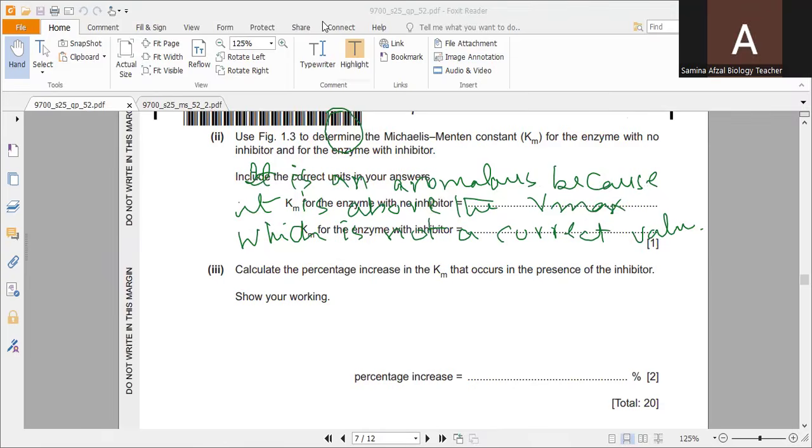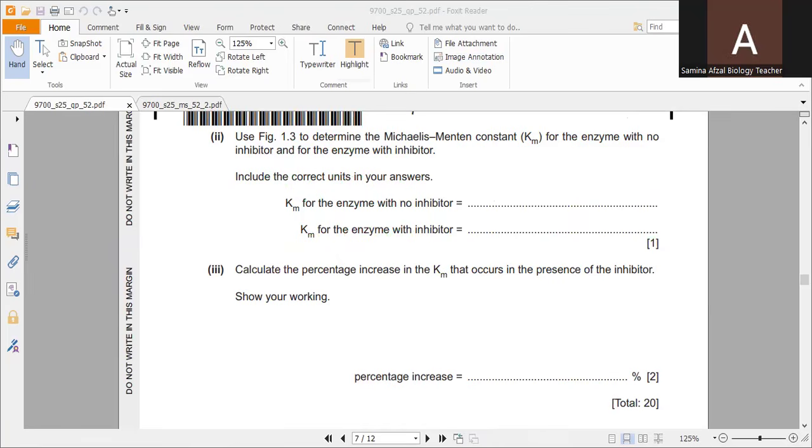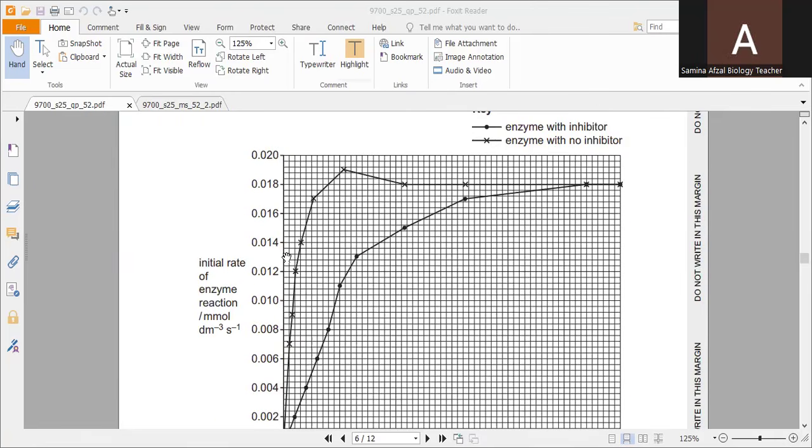The next question is, use figure 1.3. Determine the Michaelis-Menten constant for the enzyme with no inhibitor and for the enzyme with inhibitor. Include the correct units in your answer. So the V maximum for both of them is 0.08, with inhibitor or without inhibitor.